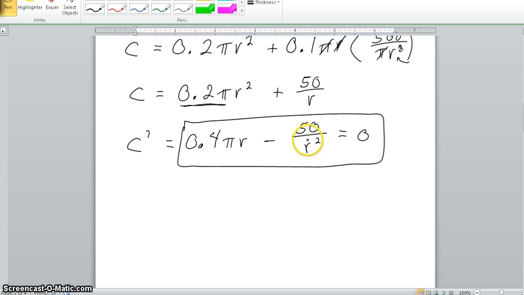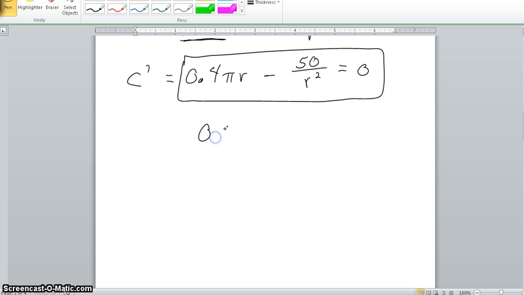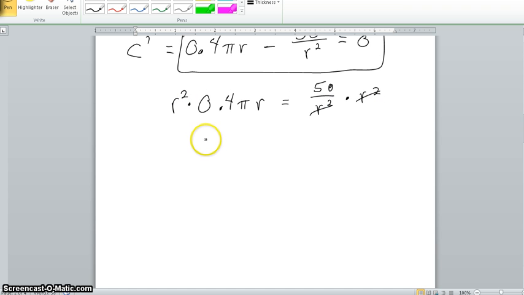So I'm going to add this term to the other side of the equation. Then I'm going to multiply both sides by r squared. These go away over here. So this gives me 0.4 pi r cubed equal to 50.